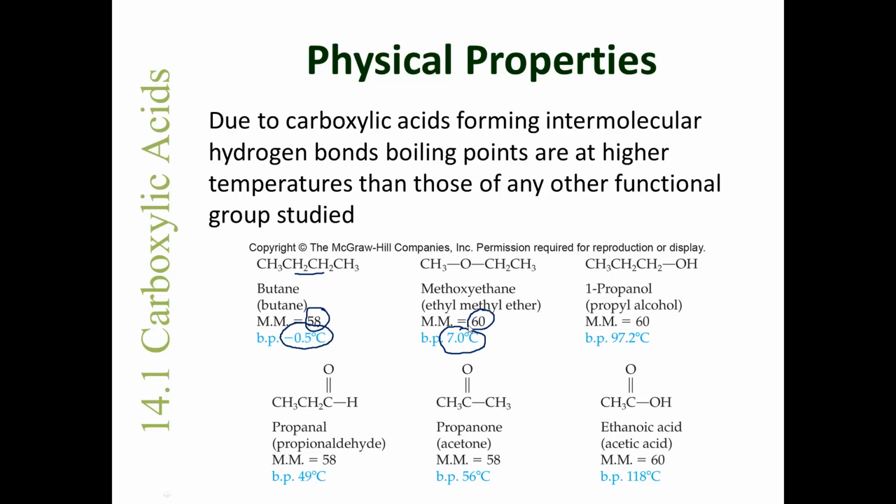So why is that? Well, we have an oxygen here, and that oxygen creates an interaction with maybe a carbon. Another methoxyethane is above here, and if I want to draw that out, we may get some attraction between the carbon and the hydrogen.